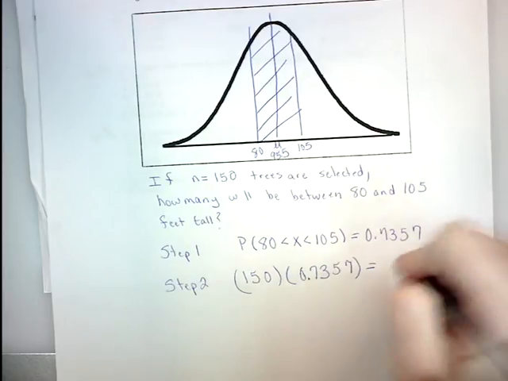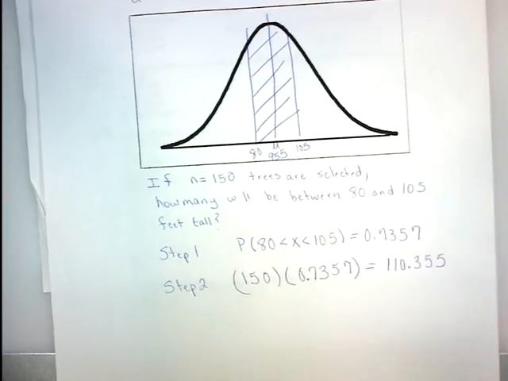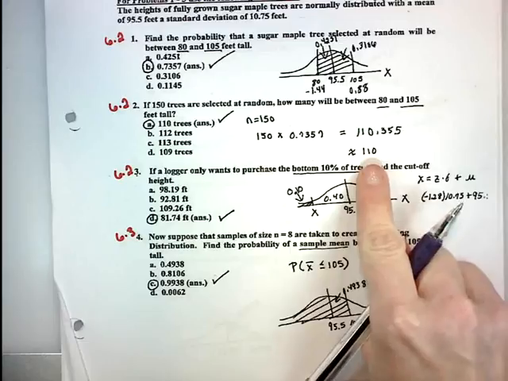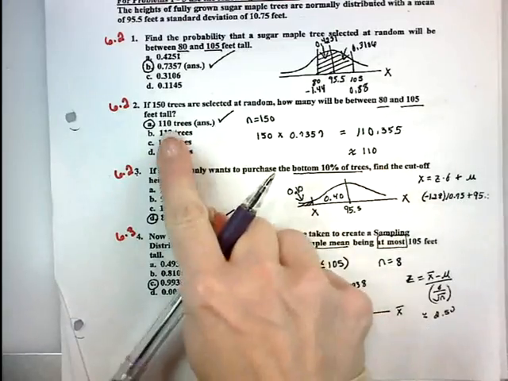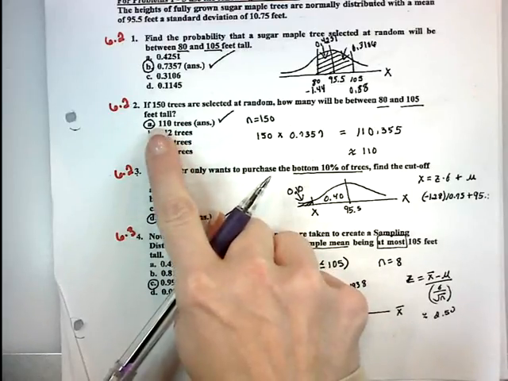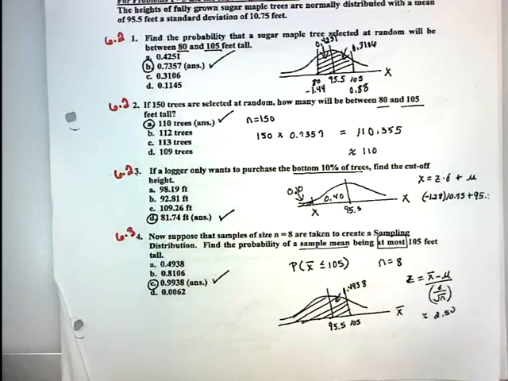And that turns out to be 110.355. Now let's explore the rounding here. Obviously, the rounding is rounded accurately to 110. So the answer is A, 110 trees for your answer. Letter A, 110 trees.